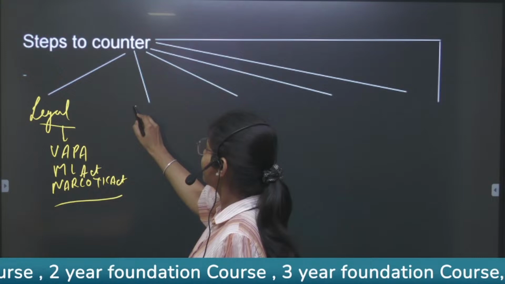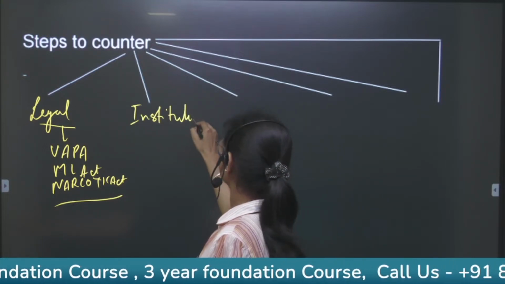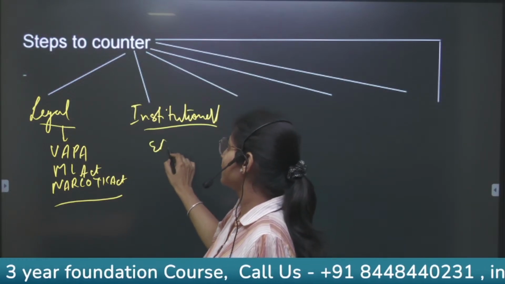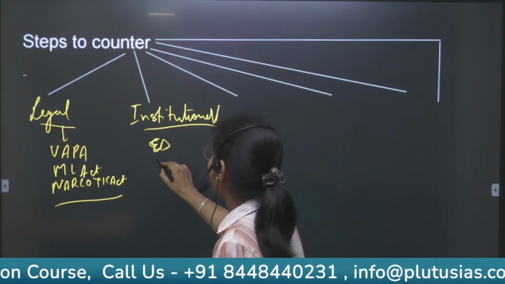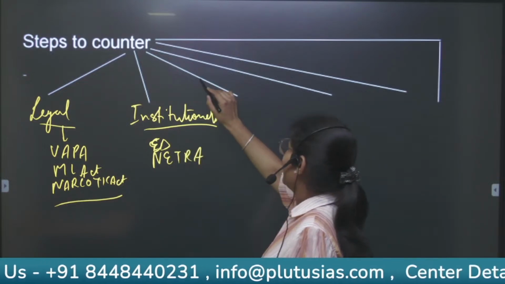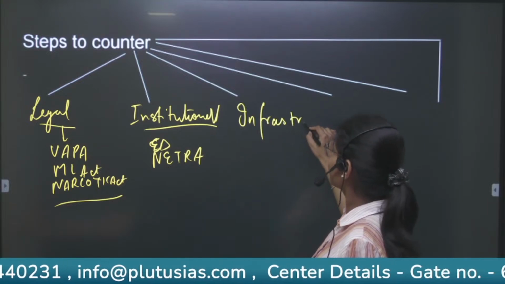And then you can write about the institutional measures, whatever institutions were created for this, like we have the ED, and we have a Netra. And then you can write about the infrastructure created for this particular purpose.